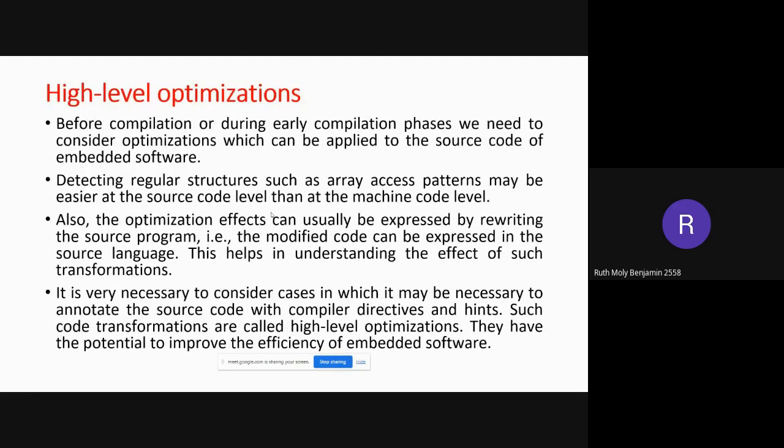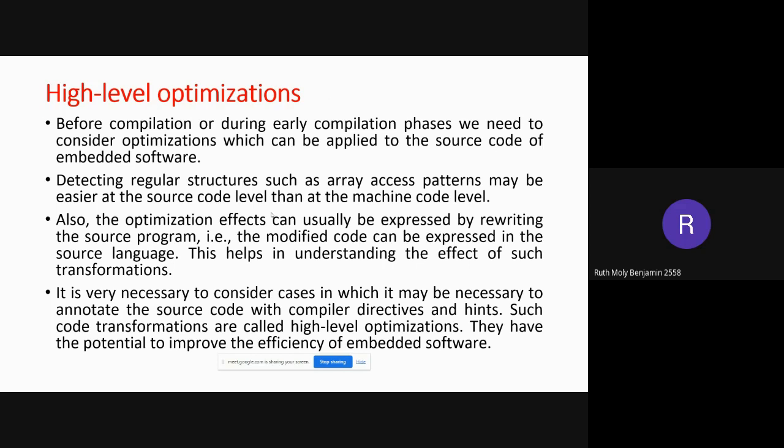And before you compile or before you start the process, there is a very important procedure that you have to follow, that is to consider the optimization which can be applied to the source code of the embedded software. That is, if there are any optimization effects that can be expressed in the source program or the source code, it has to be done, because it is necessary to consider cases in which it may be necessary to annotate the source code with compiler directives and hints.